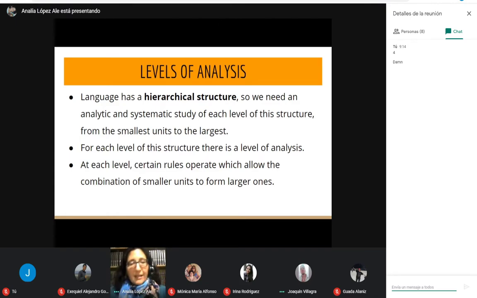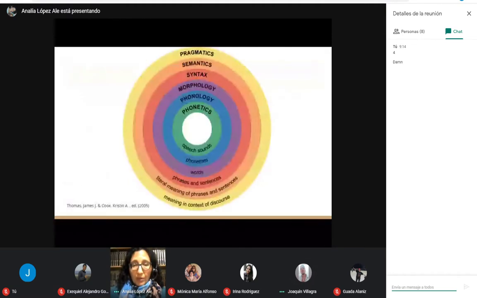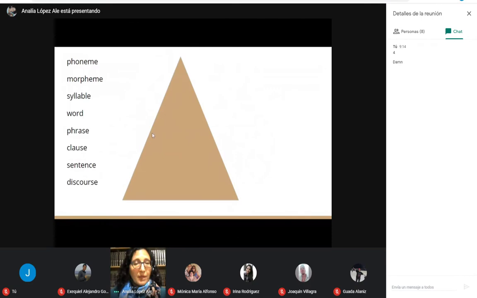Okay. So let's see. This is the diagram I presented last time, but I want to build a new one with you. So imagine on the left we have the elements of the language that are ordered from the smallest to the biggest.